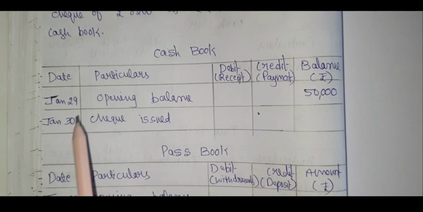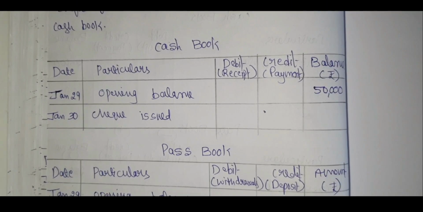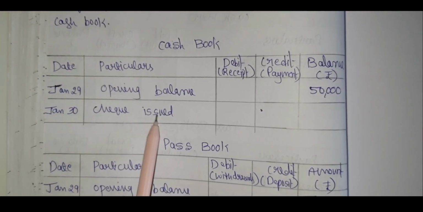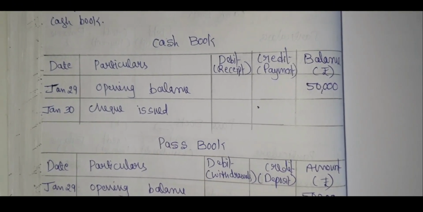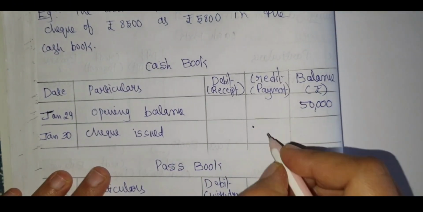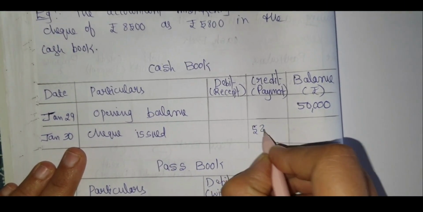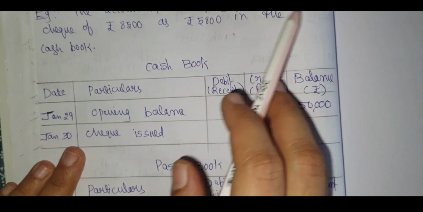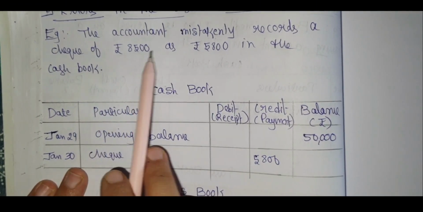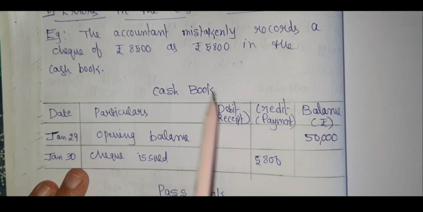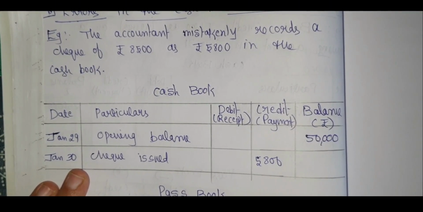Now see the cash book. On Jan 29th, the opening balance is rupees 50,000. And on Jan 30th, check issued by the business. Where do we enter it? Issued means payment, on the credit side, that is rupees 5,800. Here the accountant mistakenly records a check of rupees 8,500 as rupees 5,800, so in the cash book we enter rupees 5,800, not the actual amount.